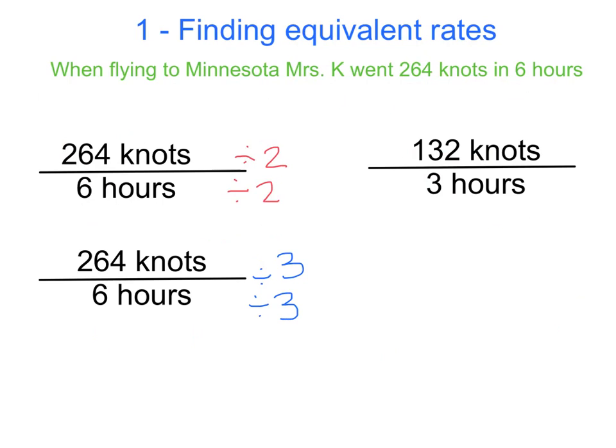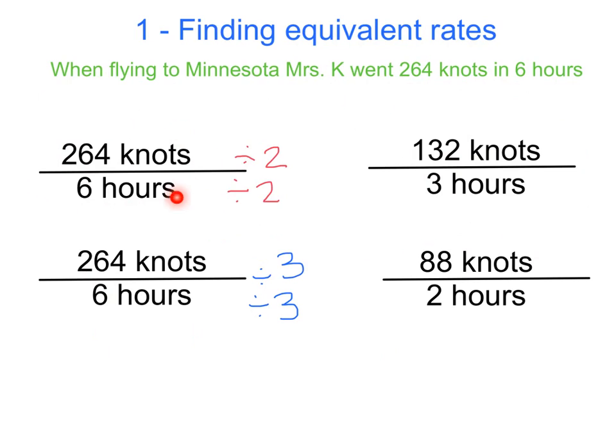We would do 264 divided by 3 and 6 divided by 3. 264 divided by 3 gets us 88 knots, and 6 divided by 3 gives us 2 hours. So both 132 knots in 3 hours and 88 knots in 2 hours are equivalent rates for our original speed and time.